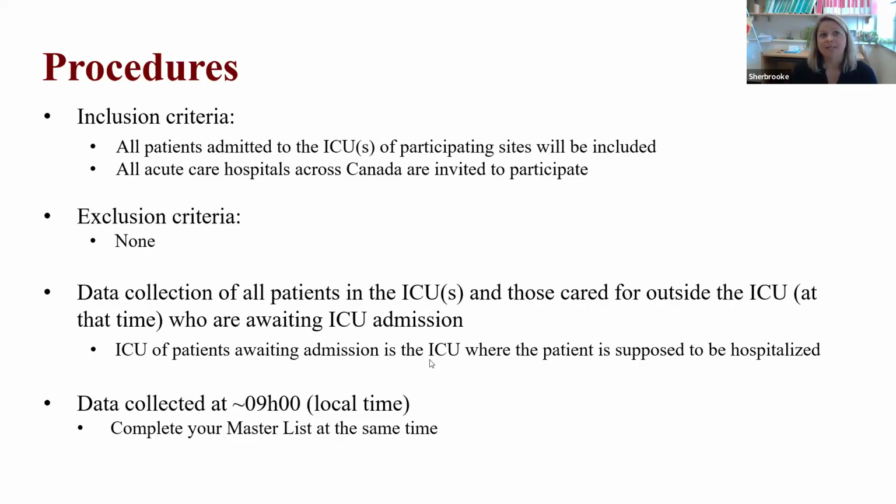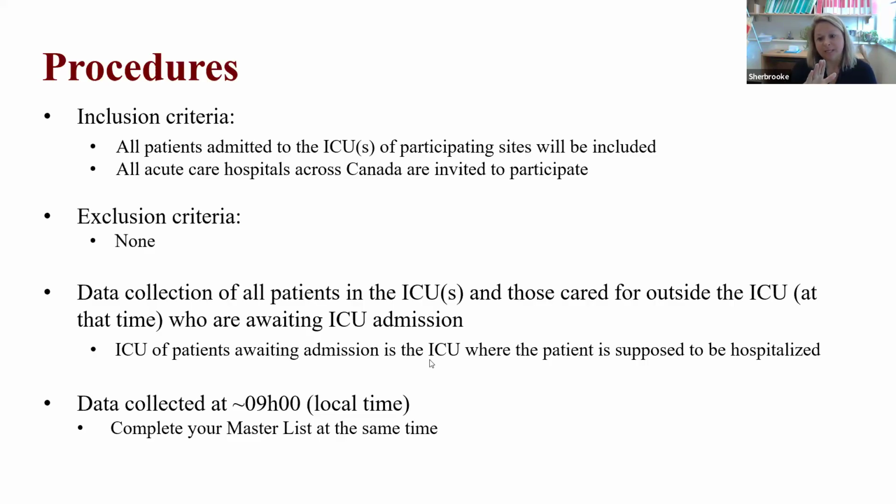So now what we ask you to do is, on December 9 at 9 a.m., look at who is in your ICU. On a master list, a document where you will have the patient chart numbers, to start your data collection, you will collect all the patient chart numbers of all the patients that are hospitalized in your ICU, plus the patients that are awaiting ICU admission and that are already under the care of the ICU physician.